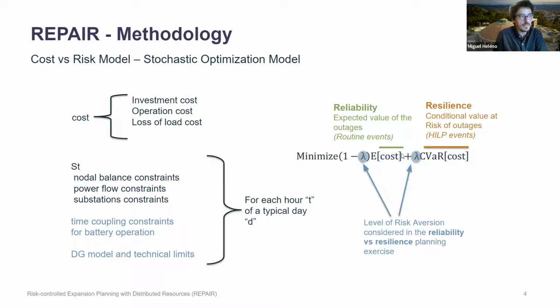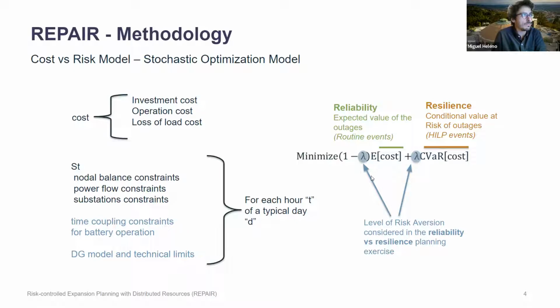So basically, this part of the function here, the expected value, is where we're looking at the reliability aspects, where the resilience is given by the CVaR, the conditional value at risk, the tail that I showed you on the previous slide. So what you're trying to minimize is, on one hand, the expected costs, and on the other hand, the CVaR, the tail of that distribution.